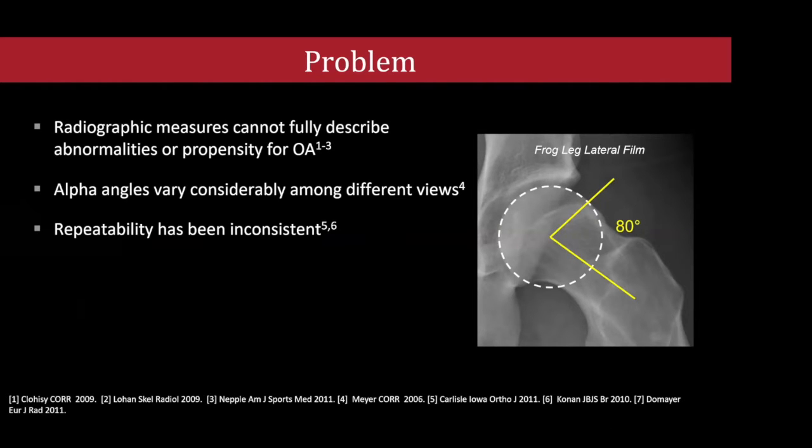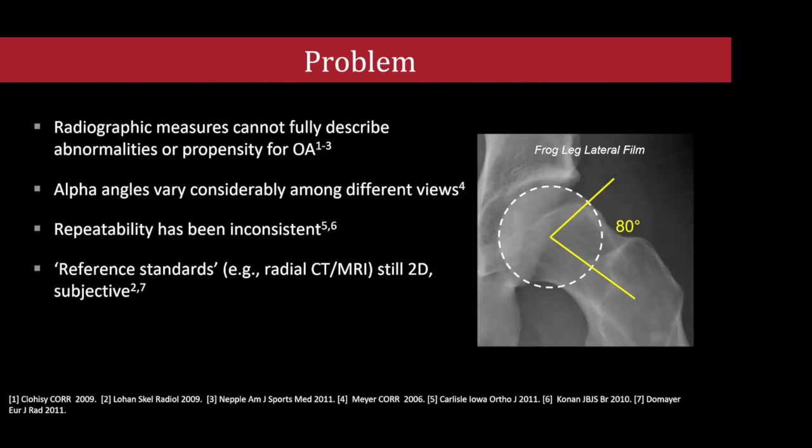And perhaps most importantly, the reference standards that we're using to evaluate different plain film measurements are still two-dimensional measurements made off of single images or reconstructions from CT or MRI. So these are still somewhat subjective, in the sense that there could be some inconsistency in defining these angles and such.